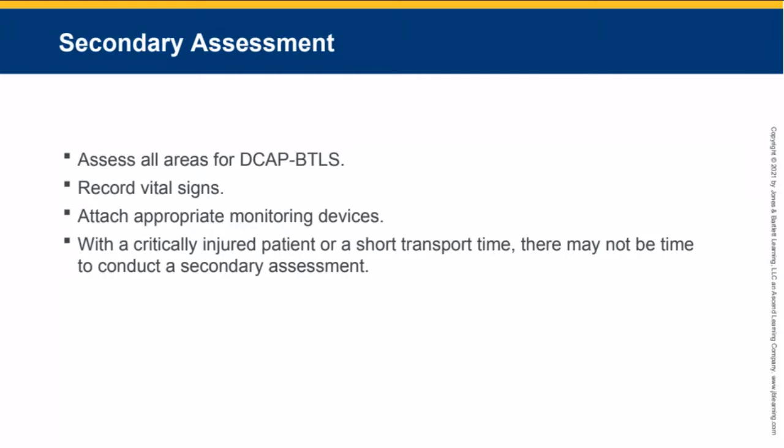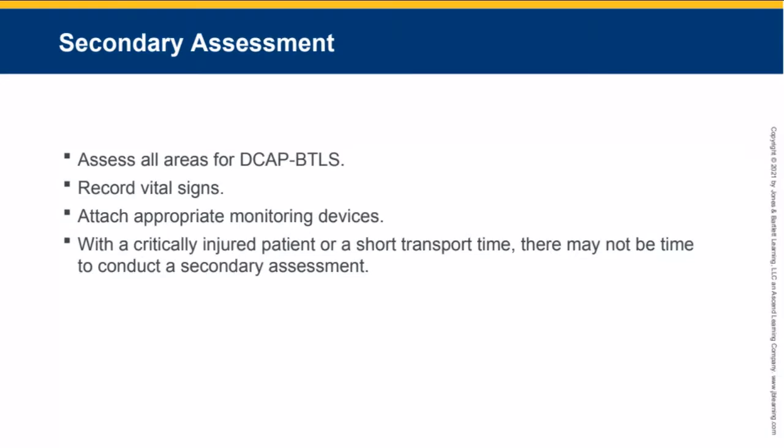Now, once you have completed your history taking phase, the next phase of your assessment is your secondary assessment. So assess all areas for DCAP-BTLS. And the same DCAP-BTLS that you look for in your secondary assessment is the same thing you're looking for in your rapid scan.